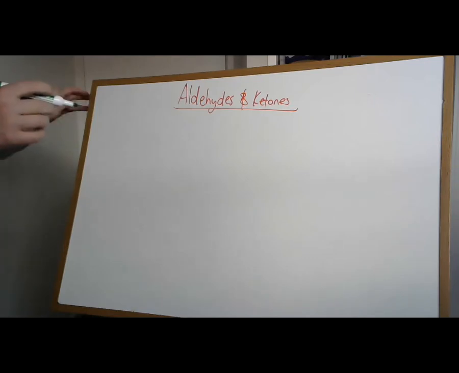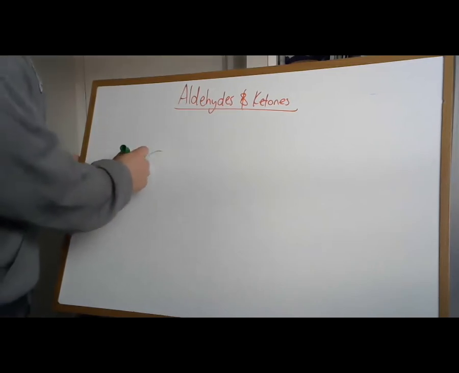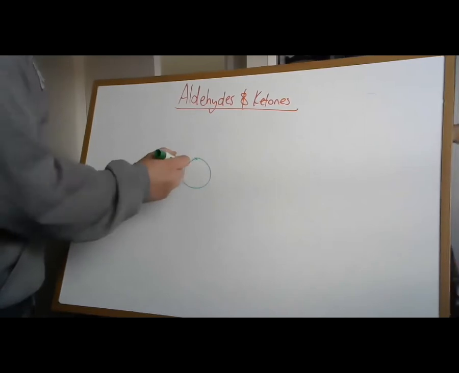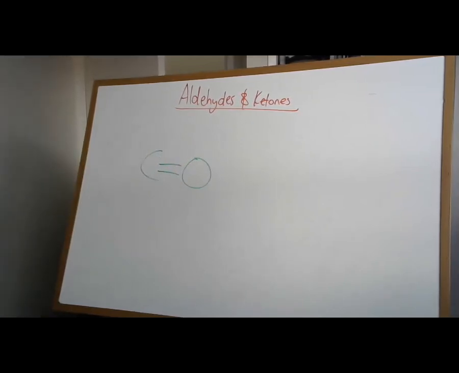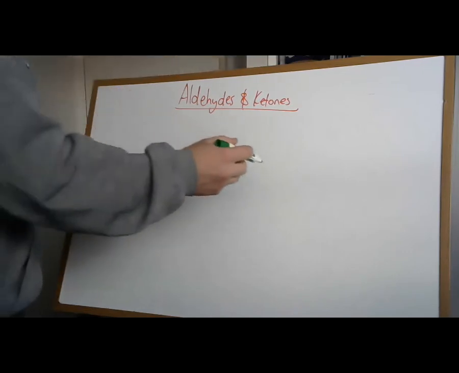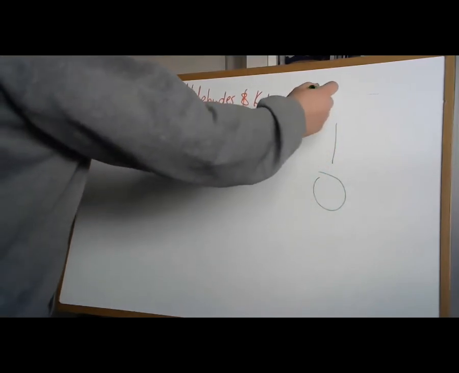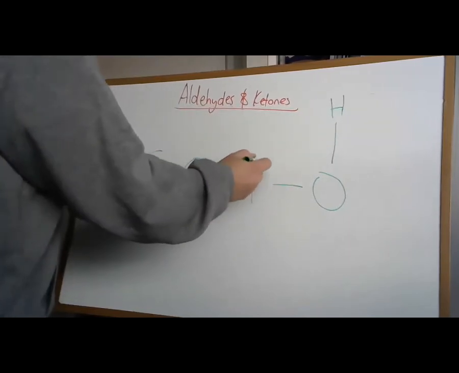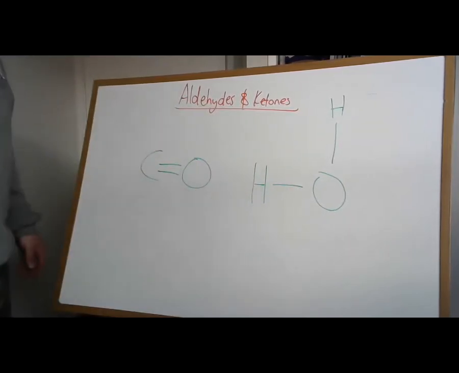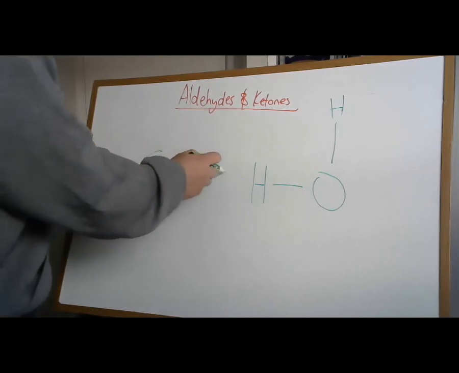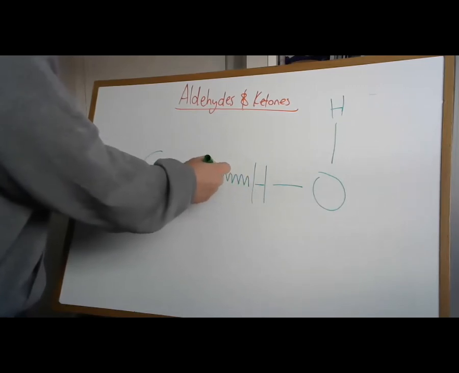So they can't form hydrogen bonds with themselves. And you can see there that they have a carbon-oxygen double bond. And then we have water, which has its hydrogen bond. And we get hydrogen bonding between the hydrogen and oxygen.